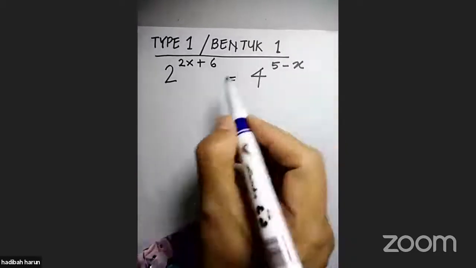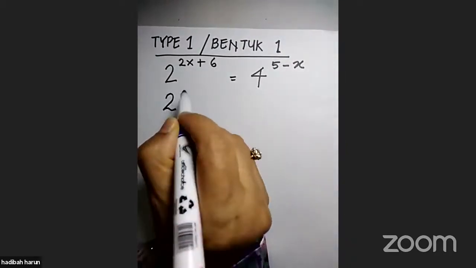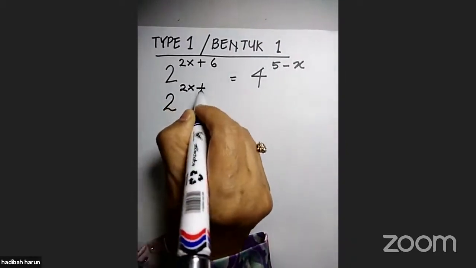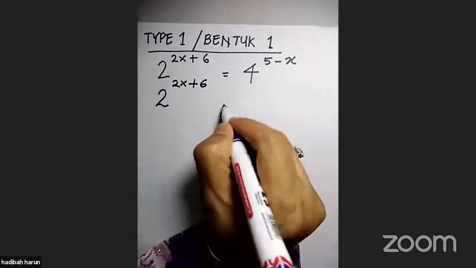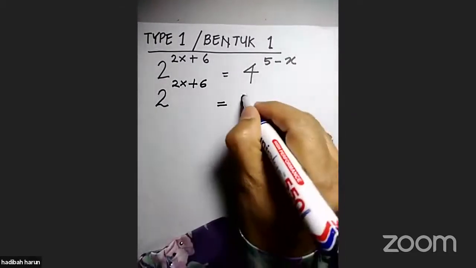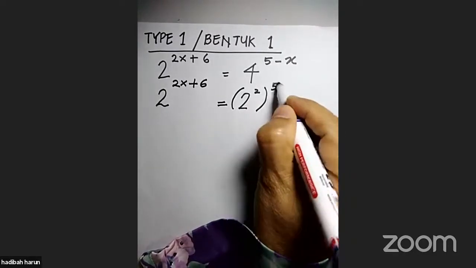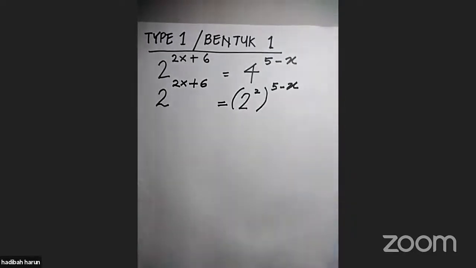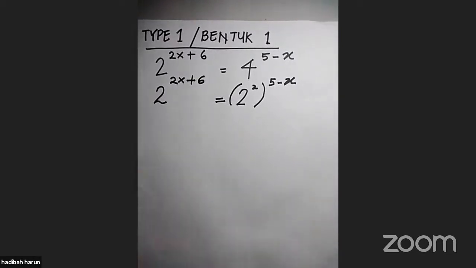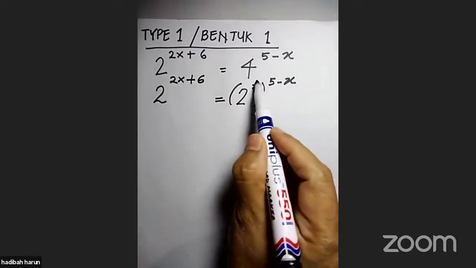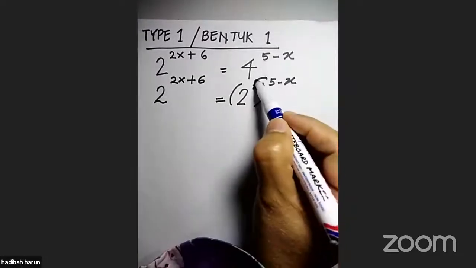So on your left you retain, whereas on your right you change 4 to base 2, giving 5 minus x. The next step will be the rule that you are going to use.